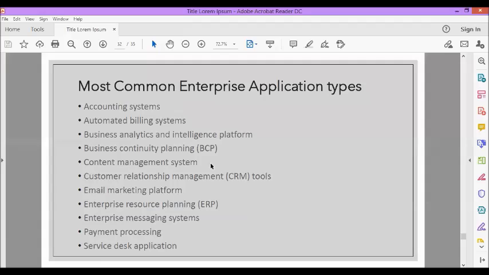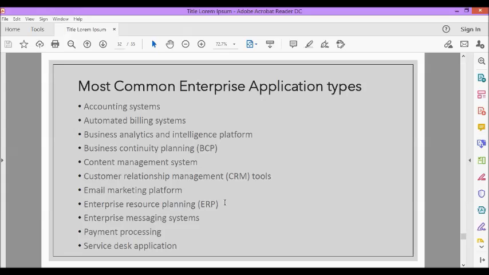Next, we have the email marketing platform, which can make the customers on your email list aware of new products, discounts, and other services that they are offering. Next, we have the ERP or Enterprise Resource Planning. It is the ability to deliver an integrated package of business applications.